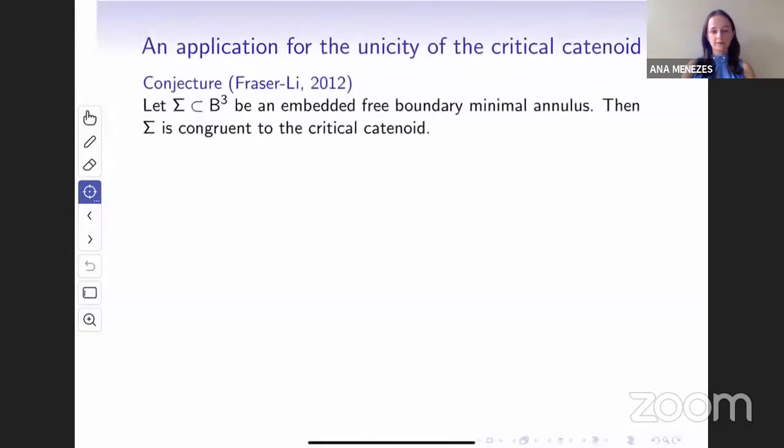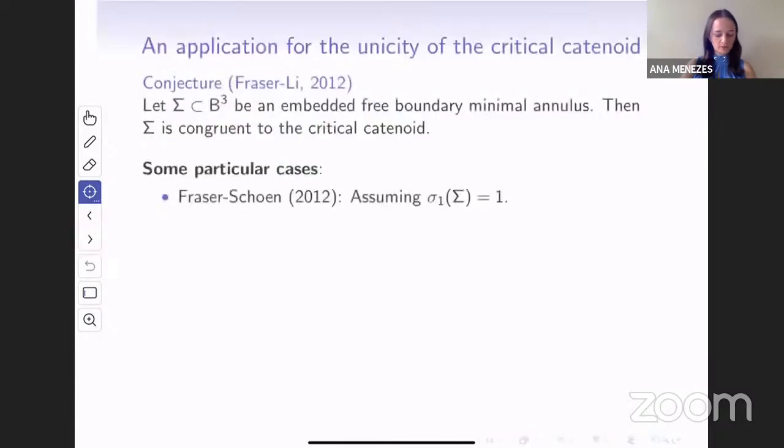Good. And recalling the conjecture of the critical catenoid by Fraser and Lee, that says that the critical catenoid is the only embedded free boundary minimal surface with the annulus topology, we do have a few particular cases. For example, Fraser and Schoen showed that the conjecture is true if you assume that the first eigenvalue of the annulus is 1.